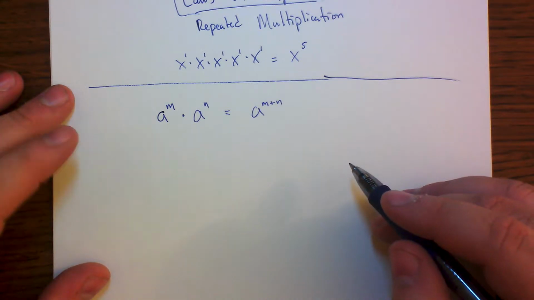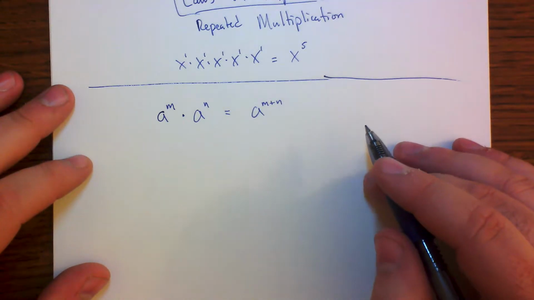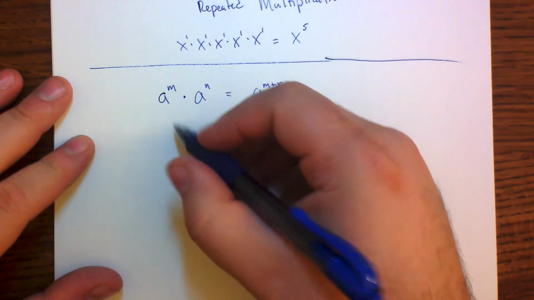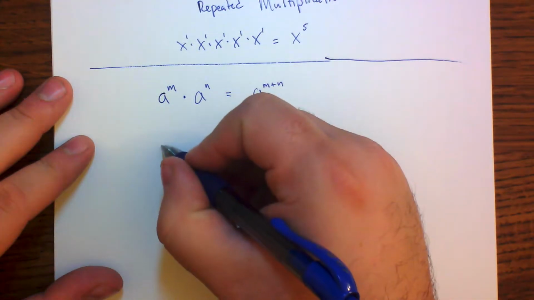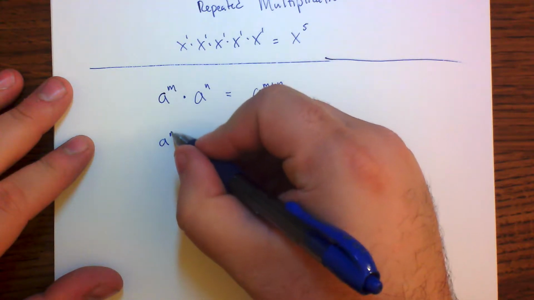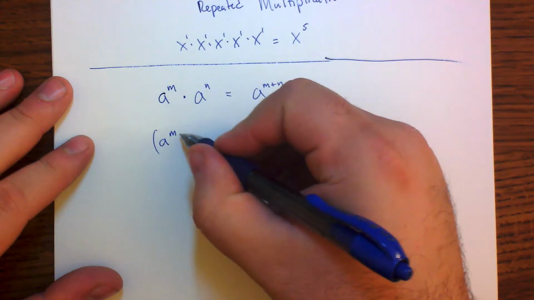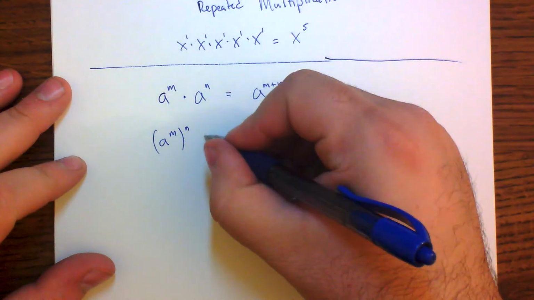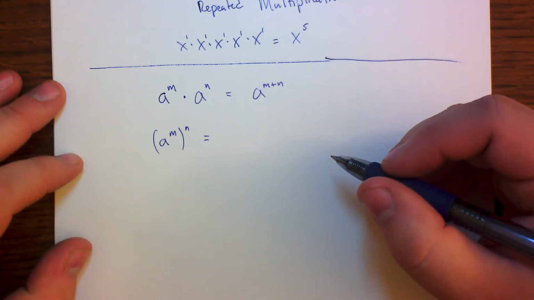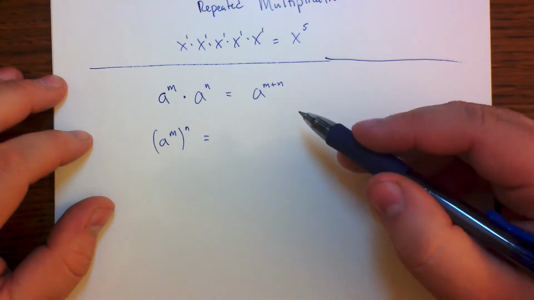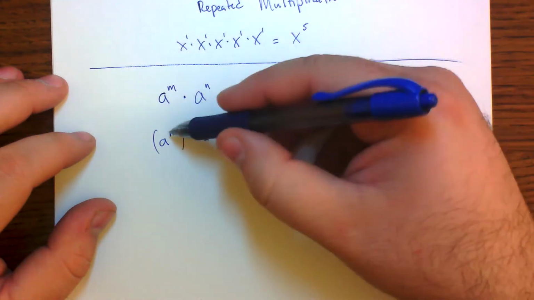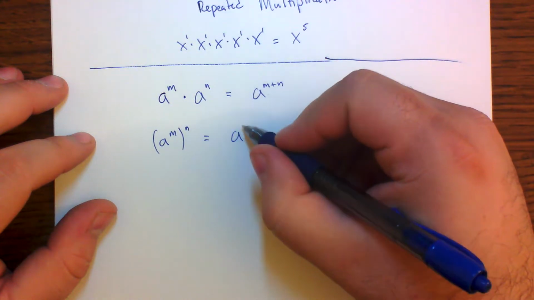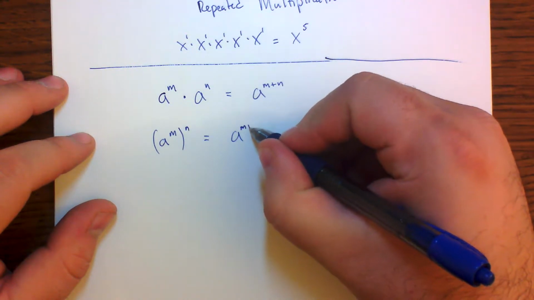The next rule that I'd like to talk to you about falls under what we call the power rule. Let's say we have some base a raised to the power of m inside parentheses raised to the power of n. What's going to happen here is your exponents multiply. So you'll get the same base a raised to the power of m times n.